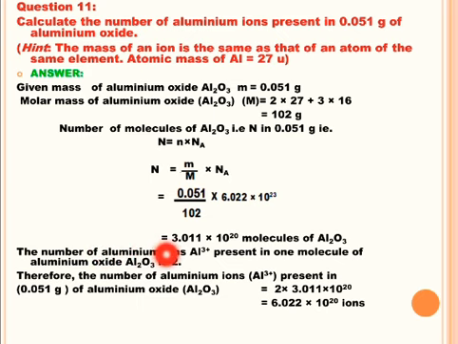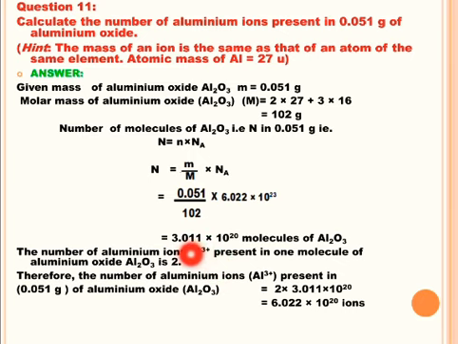So you can see how many aluminium ions are present in this formula, that is Al2. Al2 represents that there are 2 aluminium ions present in Al2O3, and we have to calculate the number of aluminium ions present in 0.051 grams of aluminium oxide.